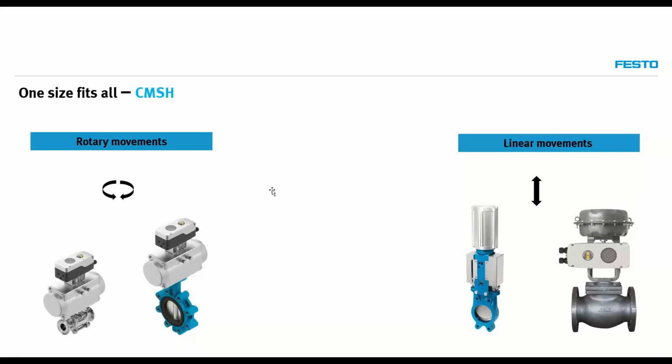Most of us are familiar with the three-wire standard positioner. In our case, we are talking about the CMSX for general application to handle basic application, whether it's rotary or linear movement.